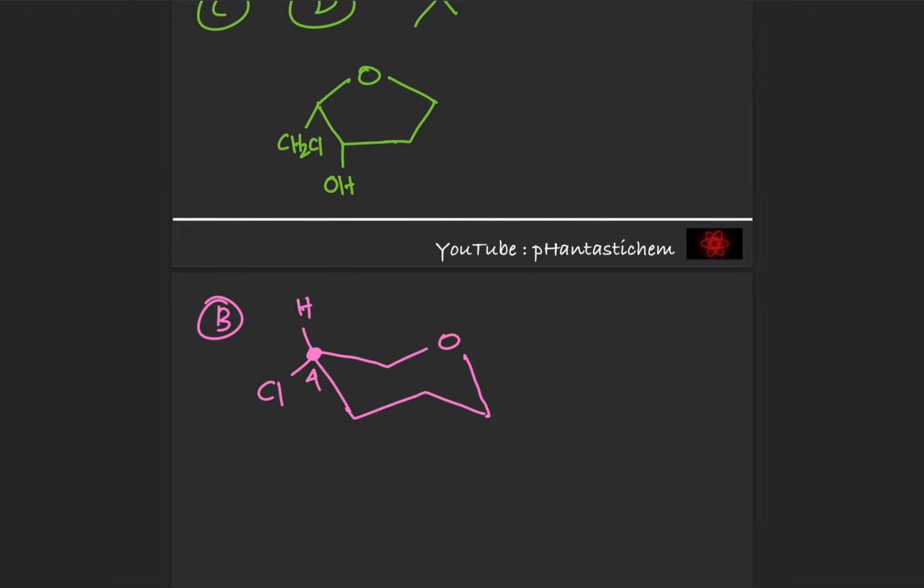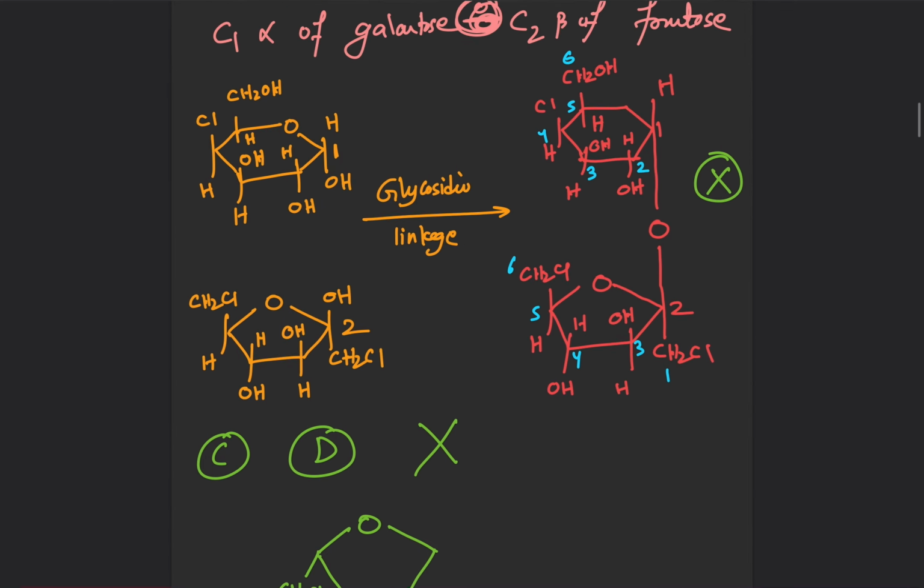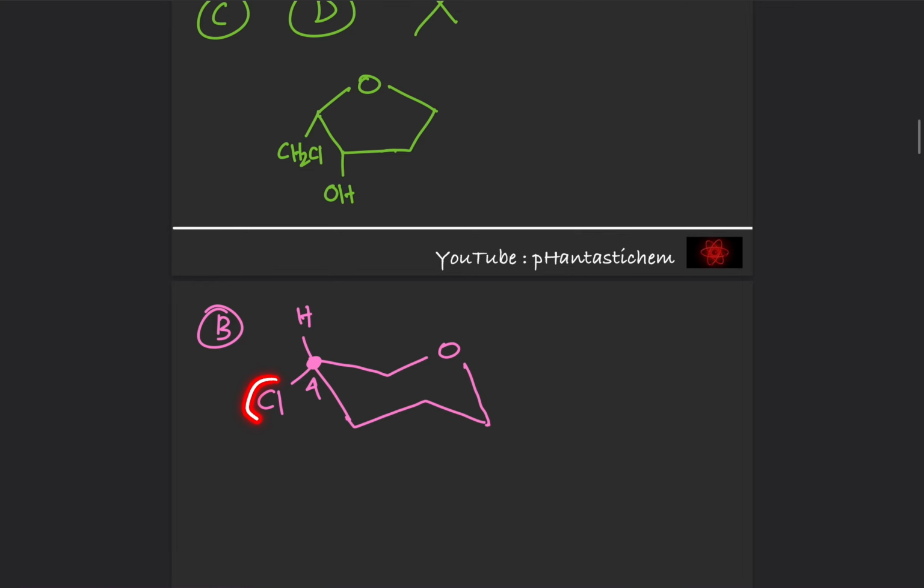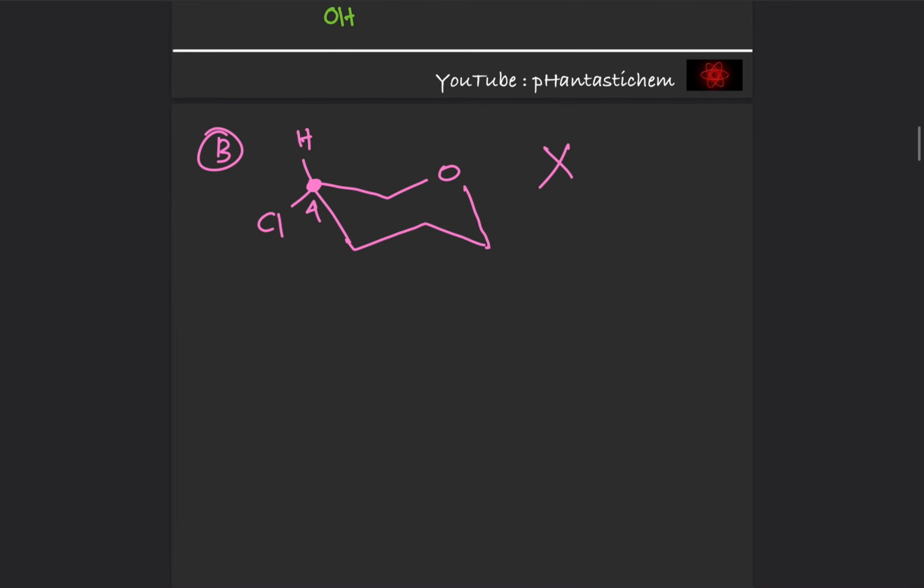In C4, it is in down position. Cl is down and H is above according to option B. But it actually is in up position. If you see here, this is the galactose in X. This Cl is in up position, but in B it is in the down position. So this is also ruled out. Therefore, the answer will be A.